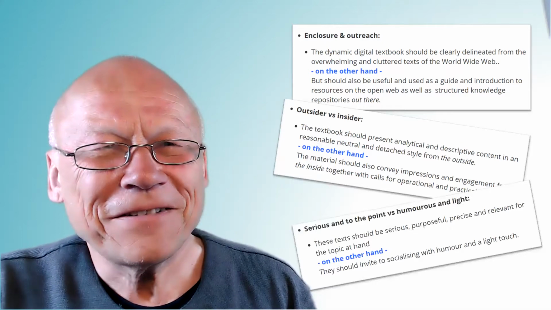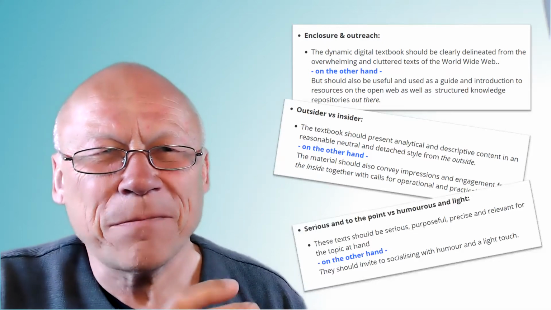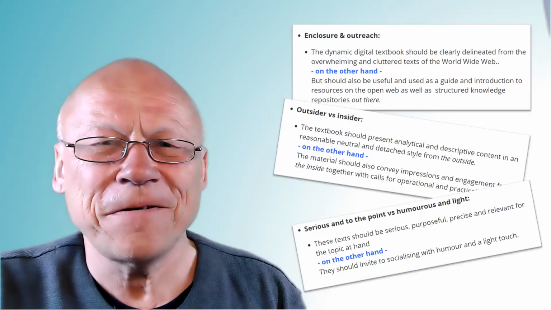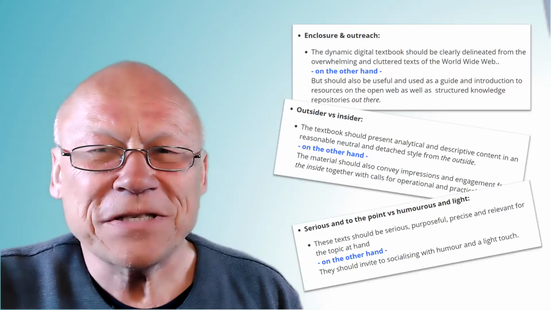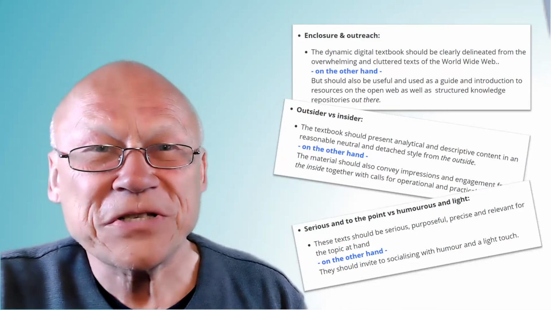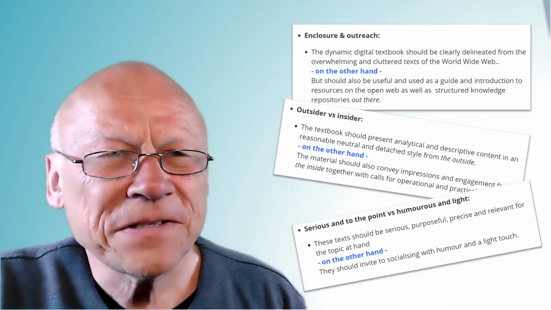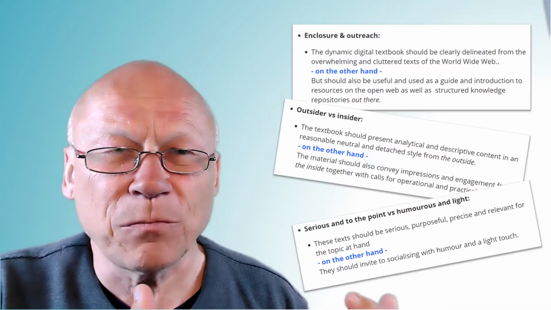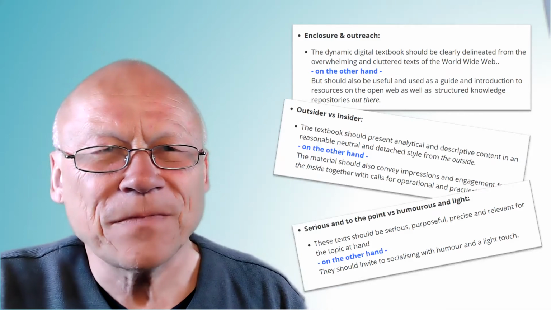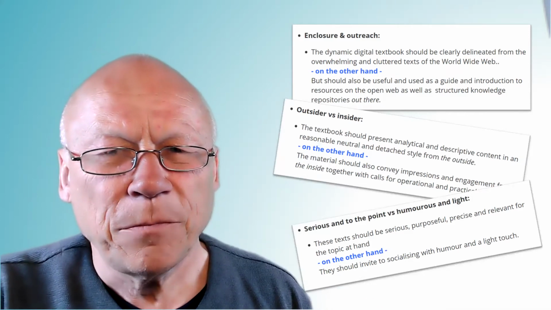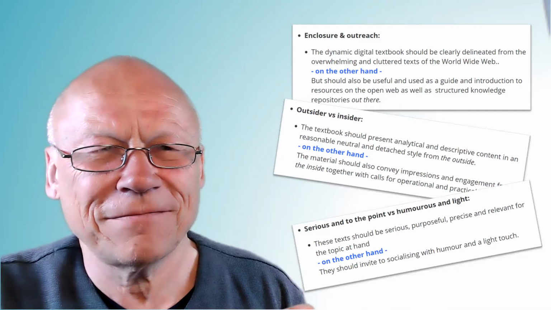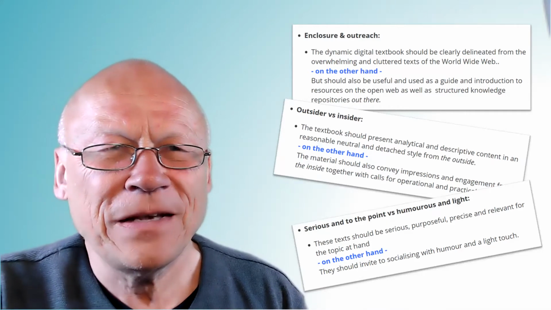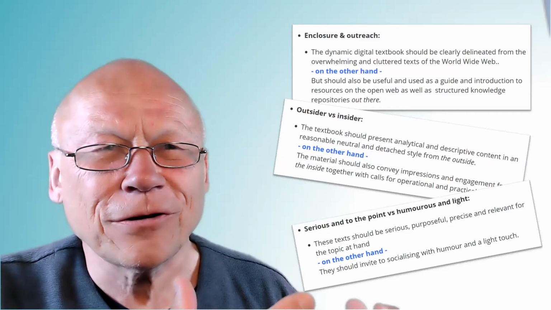And then we can add a third dimension, or tension rather, that these texts should be serious and purposeful, precise, relevant, and we can add several more characteristics along those lines. But it should also, on the other hand, invite socializing with humor and a light touch.